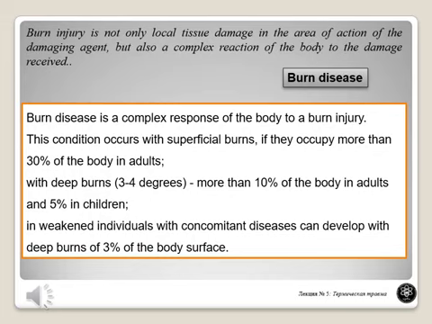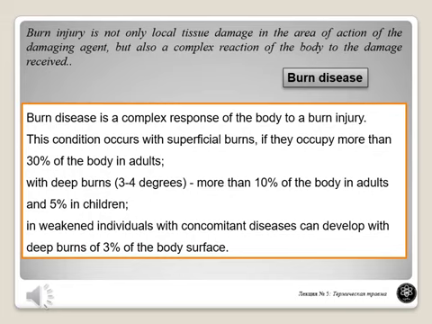Usually, certain conditions are required for the development of burn disease. If we have superficial burns, then more than a third of the surface of the body should be affected by superficial burns. With deep burns of the third and fourth degree, more than 10% of the body surface can cause burn disease in an adult. That is, it is burn shock and the subsequent stages of burn disease.